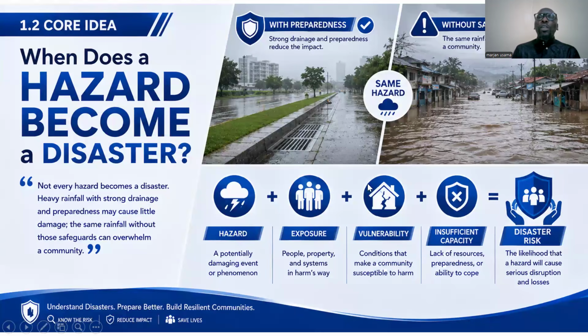So for example, when it rains, we have the rich people and we have the poor people, and where they live. The poor people, the masakin, are easily exposed to disaster because of the quality of their houses and the quality of the environment they are living in.